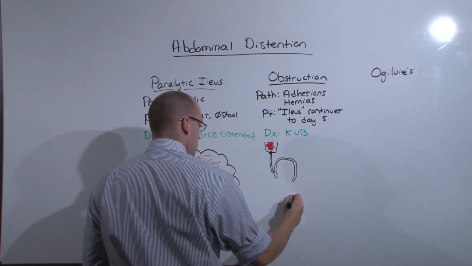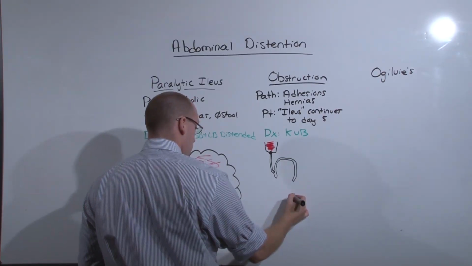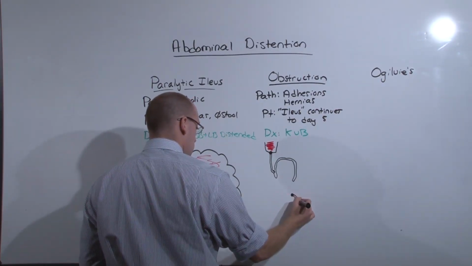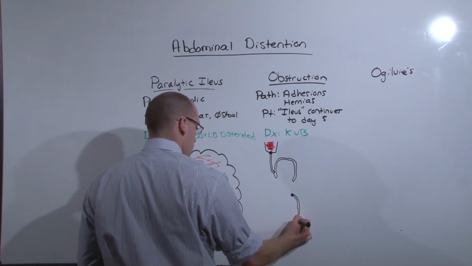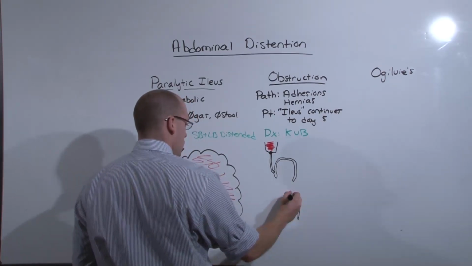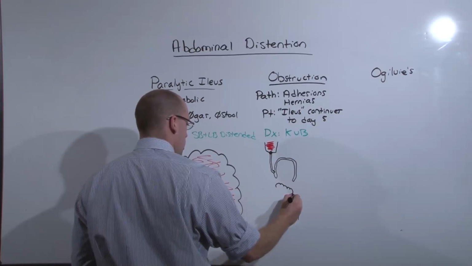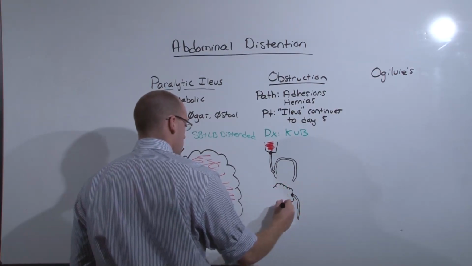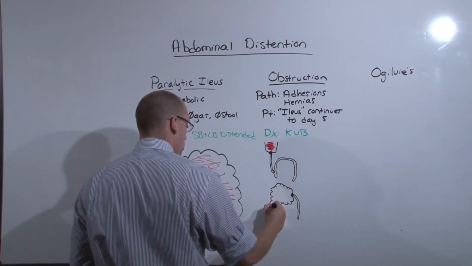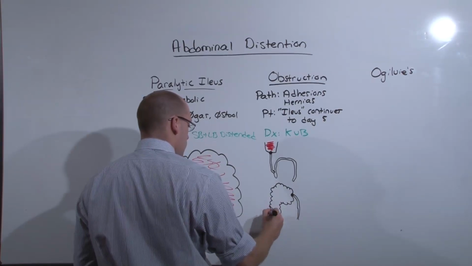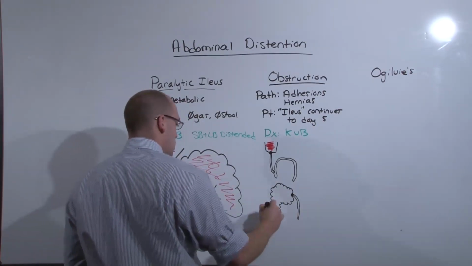If there's an obstruction in the large bowel, you're still going to see the same thing. Distal to the lesion, compressed, empty of air and stool. And previous to it, you're going to see the thick, distended, big colon. But because there's an ileocecal valve, air can't get back into the small bowel.